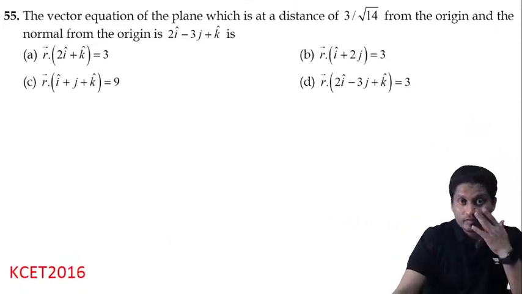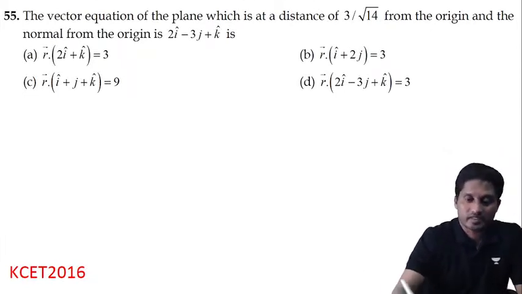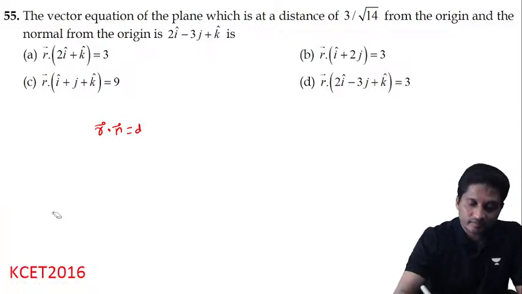The vector equation of a plane which is at a distance of 3 by root 14 from the origin and normal vector is 2i minus 3j plus k. Equation of a plane in normal form is r dot n cap is equal to d. N cap should be a unit vector.